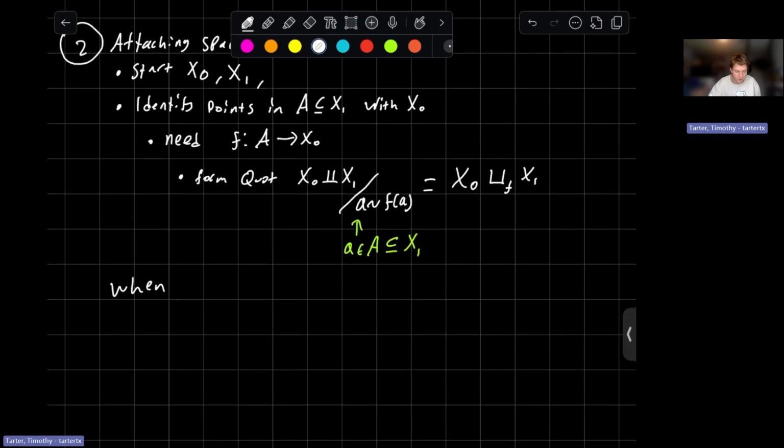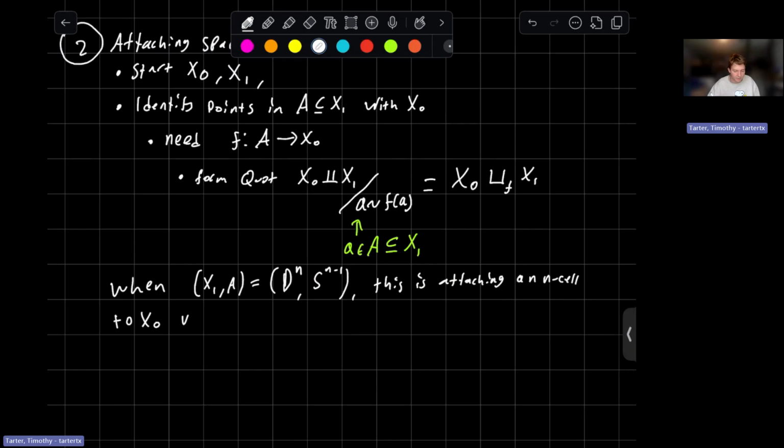And then as a remark, when X1, A is a CW pair that is the n-disk paired with the n-1 sphere, this is attaching an n cell to X naught via f from S^(n-1) to X naught.